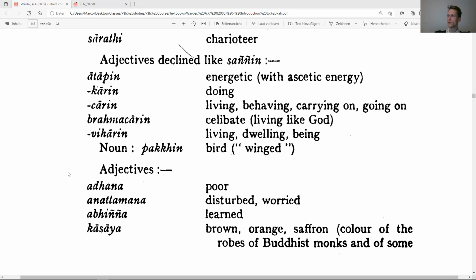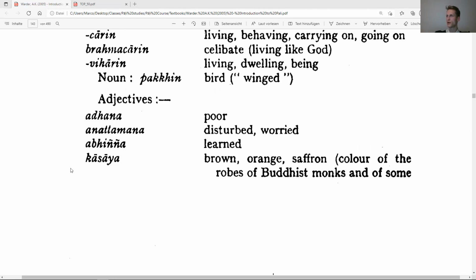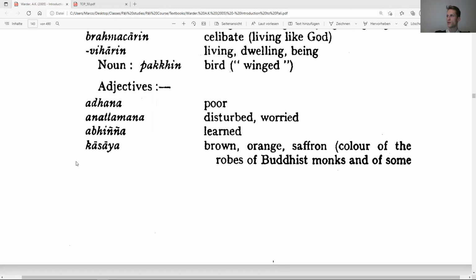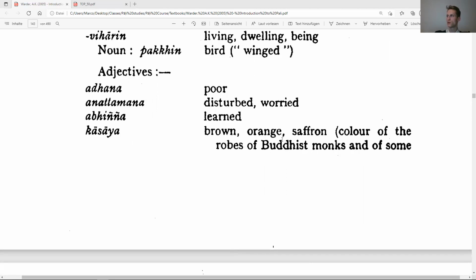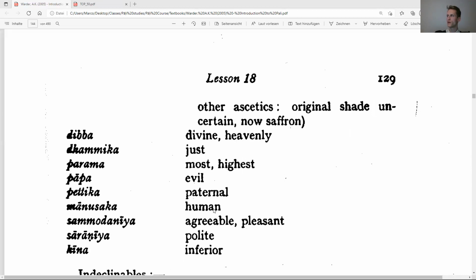Noun, pakkhin, a bird, literally winged, having or possessing wings. Adjectives: adhana, poor. Anattamana, disturbed, not quiet. Abhinna, learned. Kasaya, brown, orange, or saffron, which is the color of the robes of Buddhist monks and of some other ascetics. The original shade uncertain, now saffron.